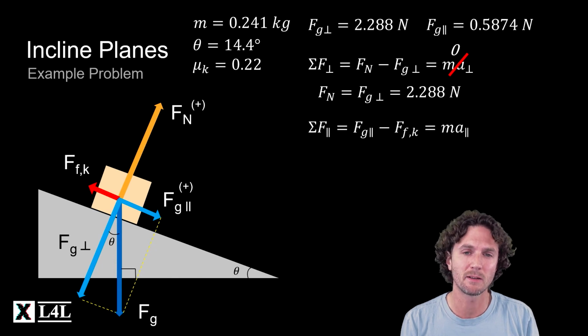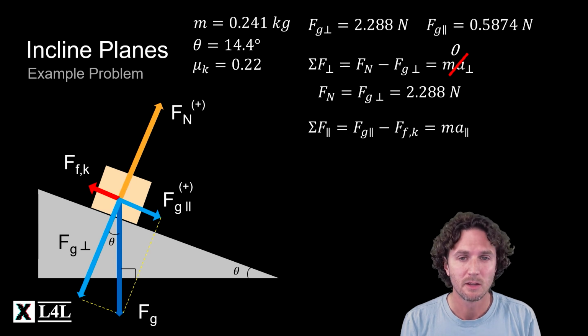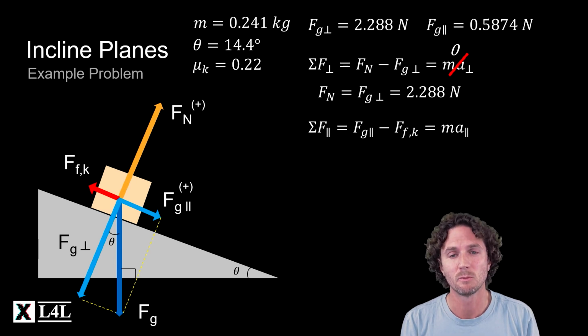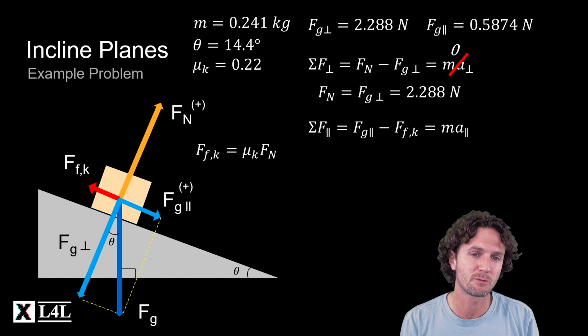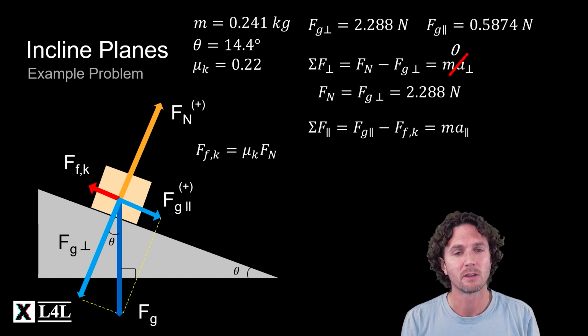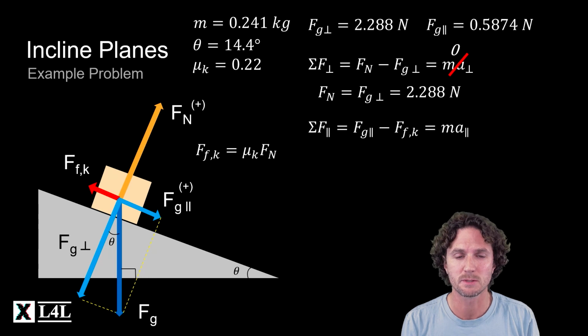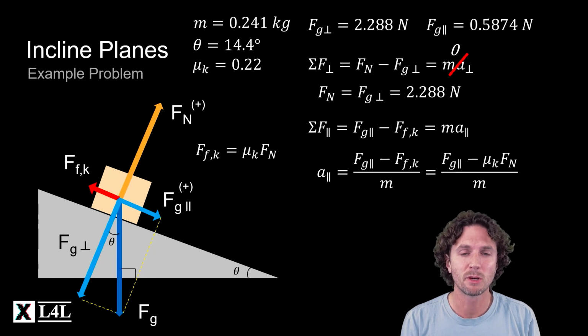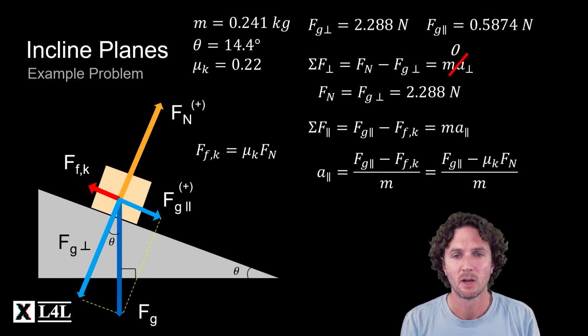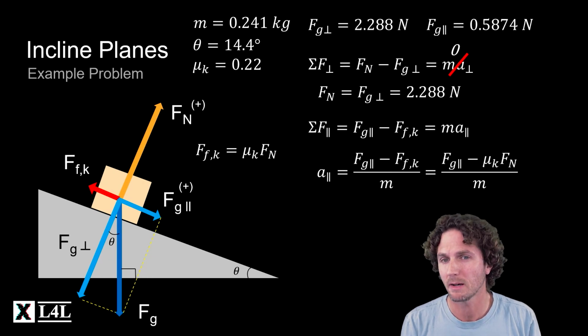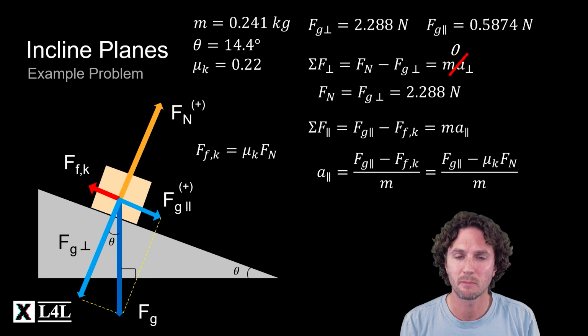Summing the forces in the parallel direction, we find that the force of gravity parallel is positive minus the force of kinetic friction, which equals the mass times the acceleration in the parallel direction. Again, the force of kinetic friction is the coefficient of kinetic friction times the normal force. We can rearrange Newton's second law because we're trying to solve for the acceleration in the parallel direction: the force of gravity parallel minus the kinetic friction force, divided by mass.